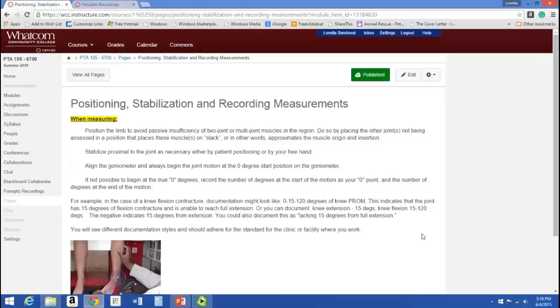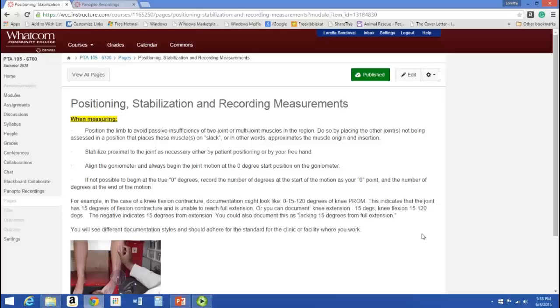You're going to align the goniometer and begin the joint motion at the 0 degree start position on the goniometer. So we're establishing our start position, and we know that's anatomical position. Then we measure at the full end range, and we document that measurement.